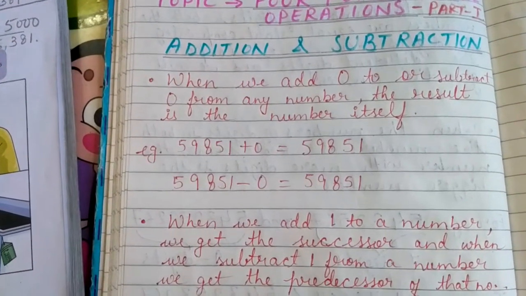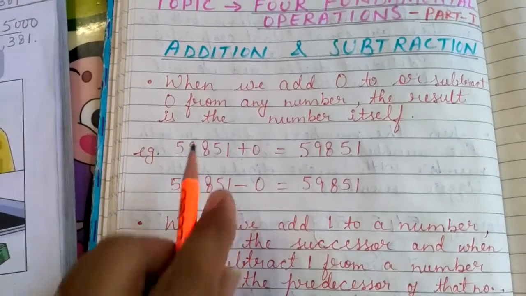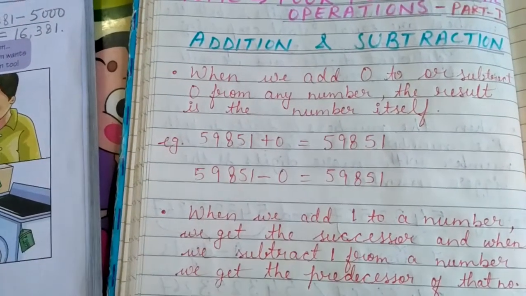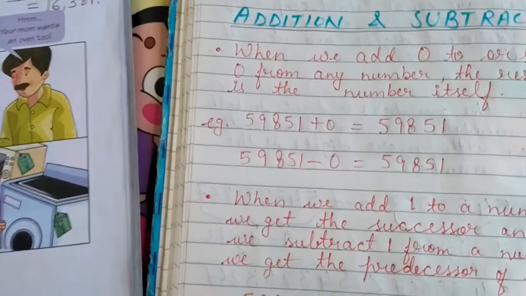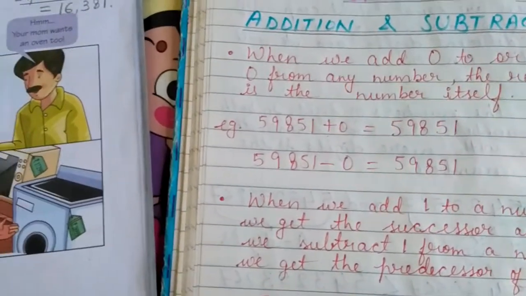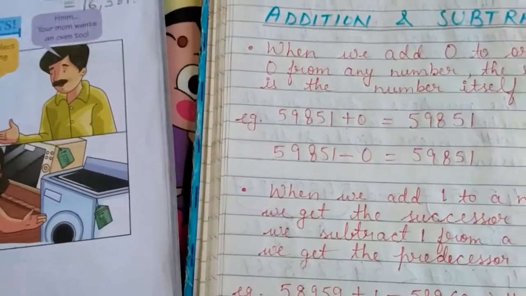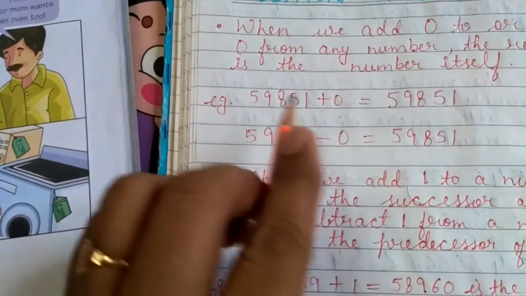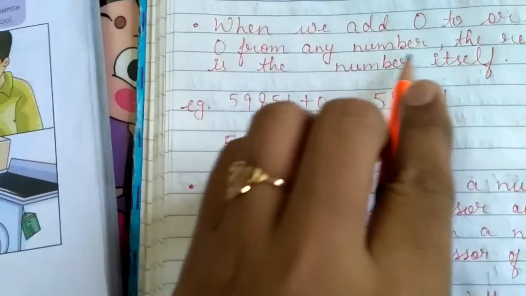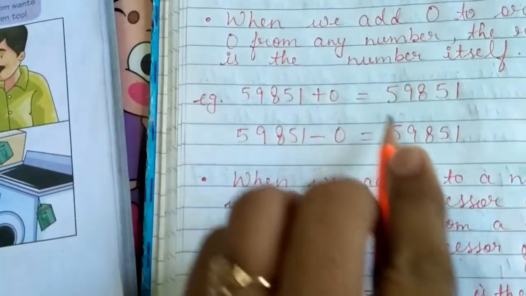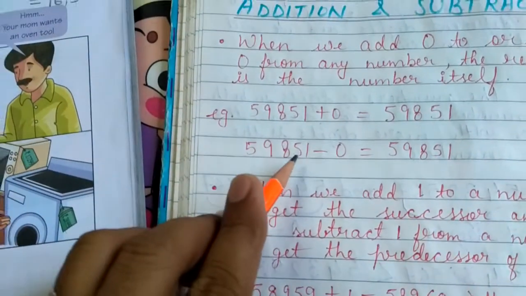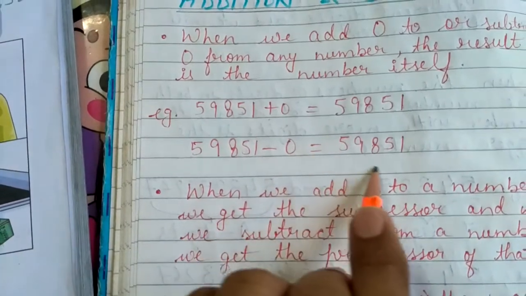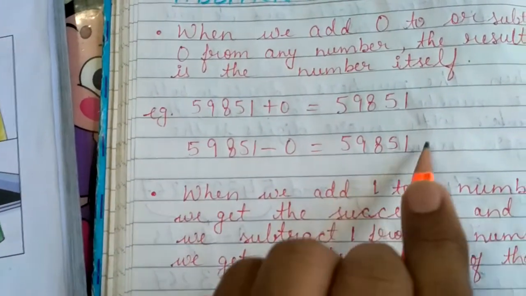This property is applicable to any kind of number, whether it is 1 digit, 2 digit, 3 digit, 5 digit, 7 digit, 9 digit number, no matter. If we add 0 to that number, the result will be the number itself. There will be no change in the number. And if we subtract 0 from any number, then also the result will be the number itself. There will be no change.